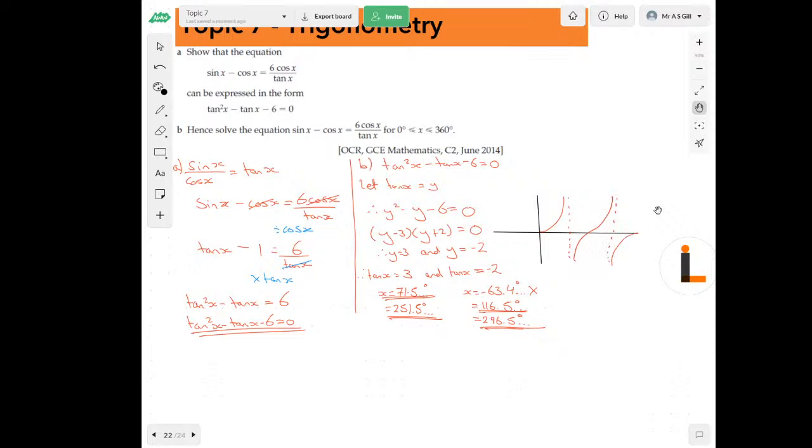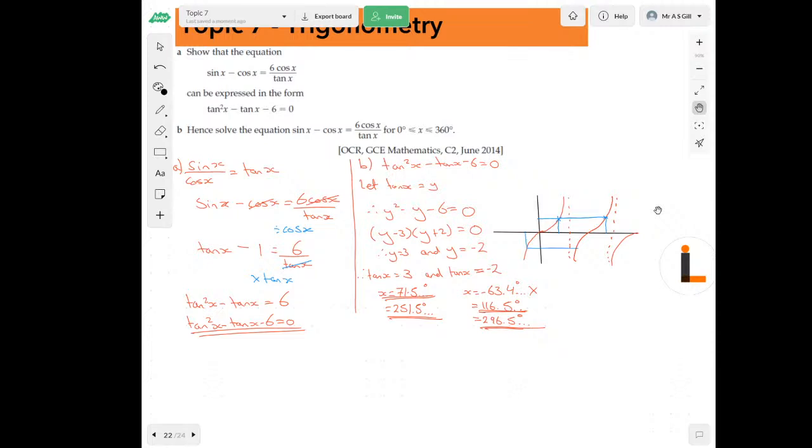So we had an initial value of 71.5 here for 3. And this is, like I said, tan repeats every 180, so we would have got those 2 values there. And then we had the first value for minus 2 was in fact here somewhere.